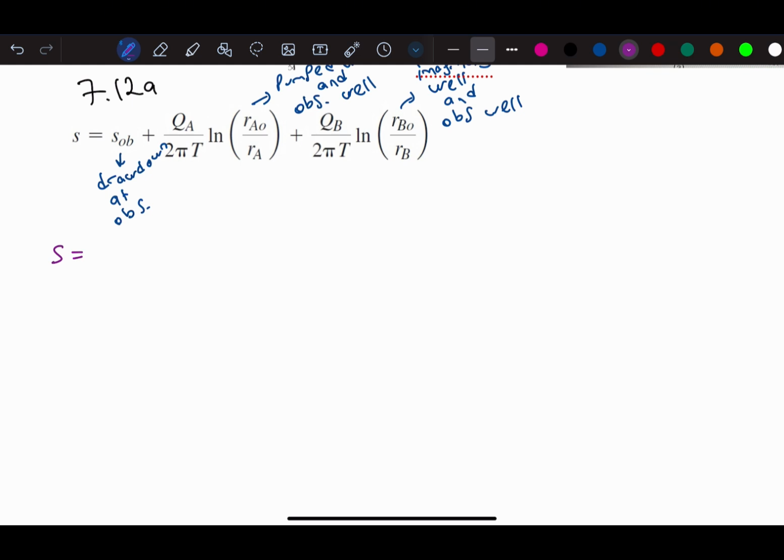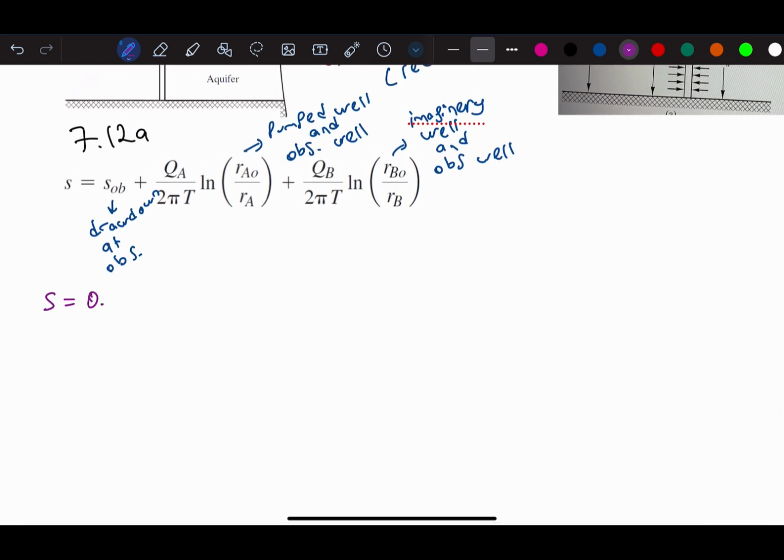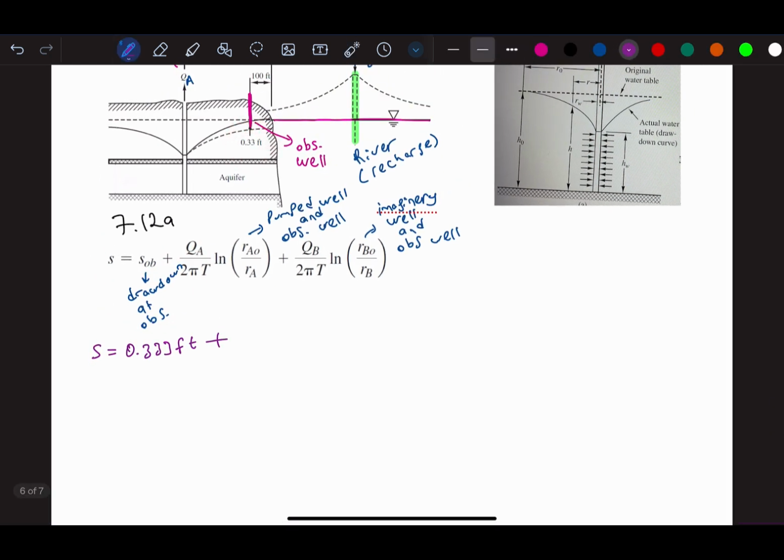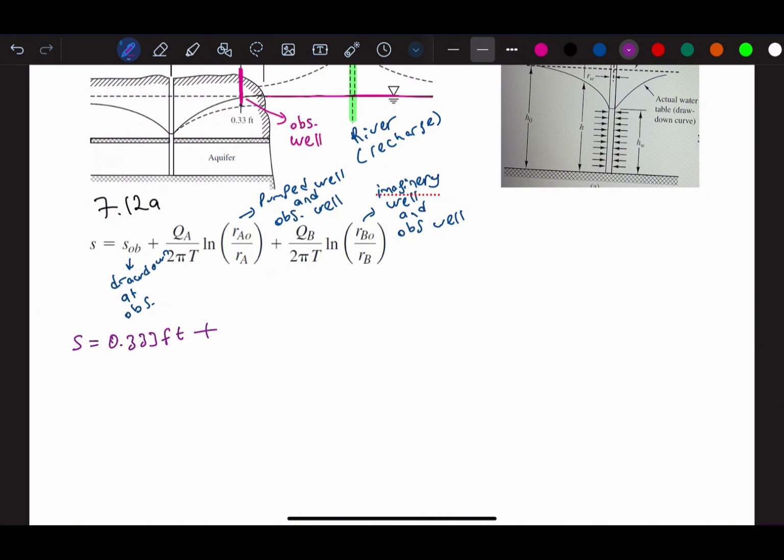S will be equal to 0.333 feet, and this is the drawdown at the observation as given in the question, plus we have QA, and it was 155, over 2 pi T, and T is unknown for now, times ln.